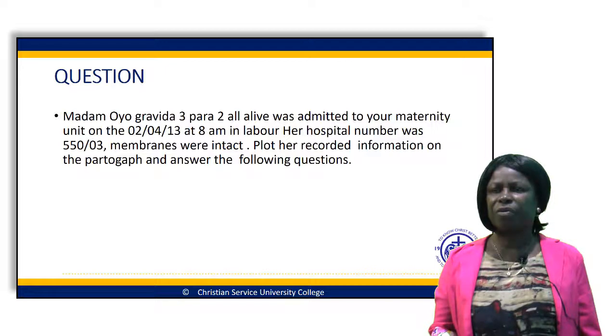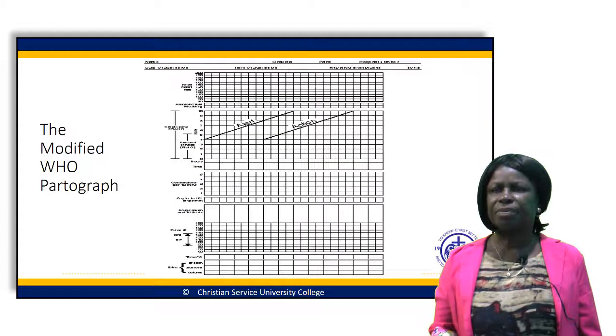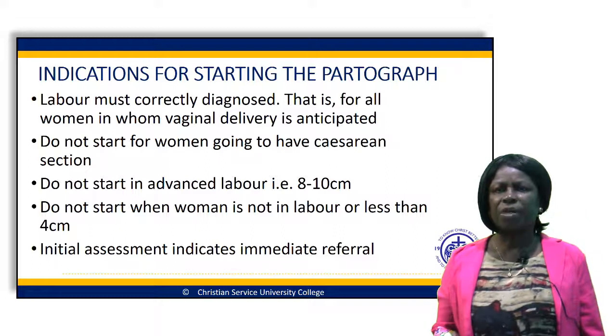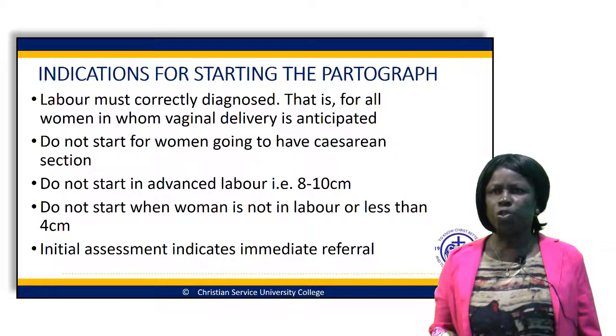There's a question for you to answer using the Partograph sheet. Indications for starting the Partograph. For you to start Partograph, the following information should be well noted before you use it. Labor must be correctly diagnosed.